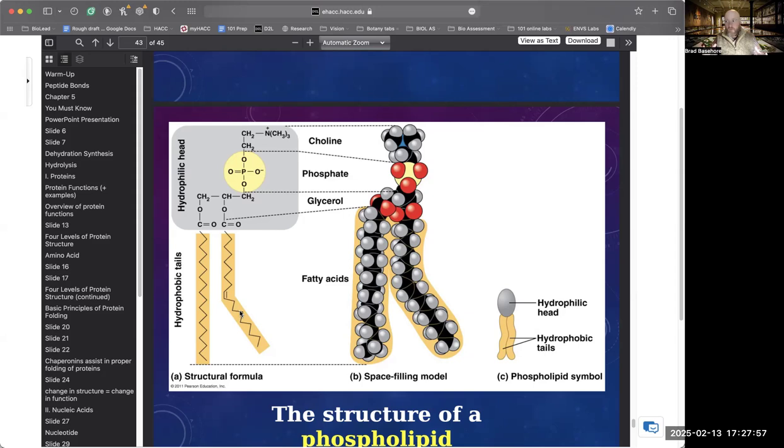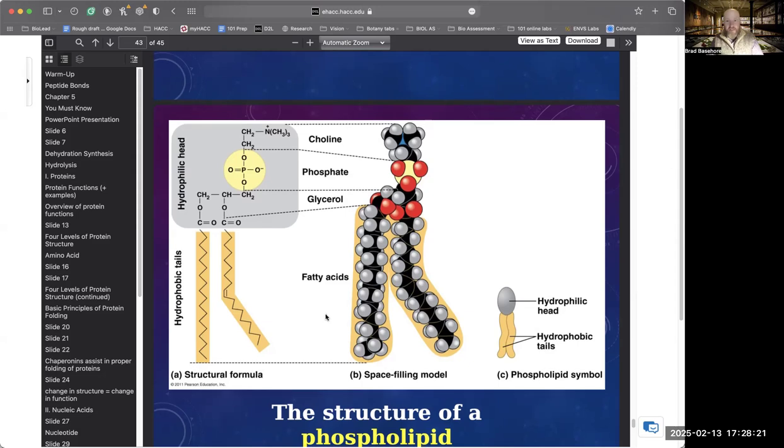So it's a molecule that half of it loves water and half of it hates water. Because of that, this is what forms the membranes of our cells and in our cells. It makes a really good barrier that water can go up against the phosphorus side, but then not pass through the fat side. We'll talk a lot more about this in chapter 7. So keep this one in mind.